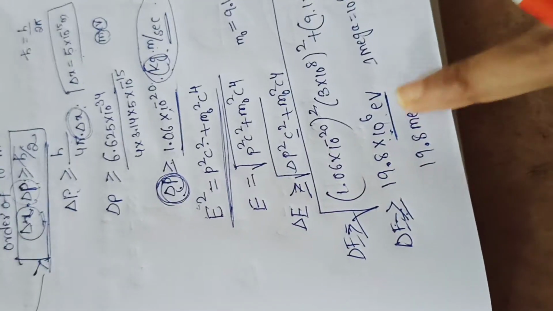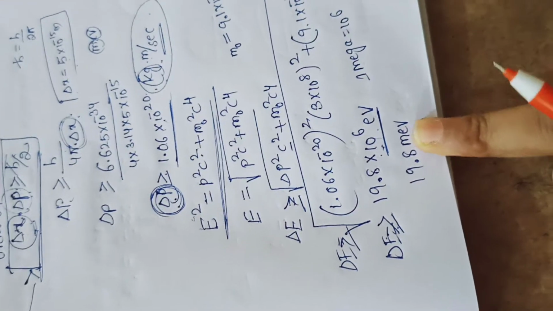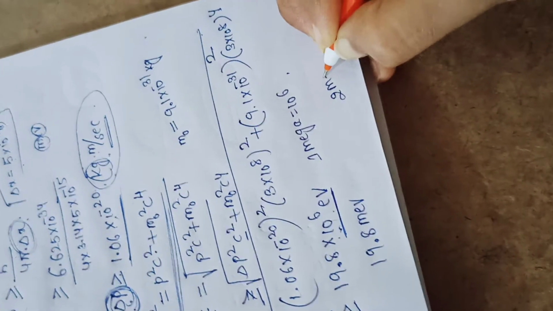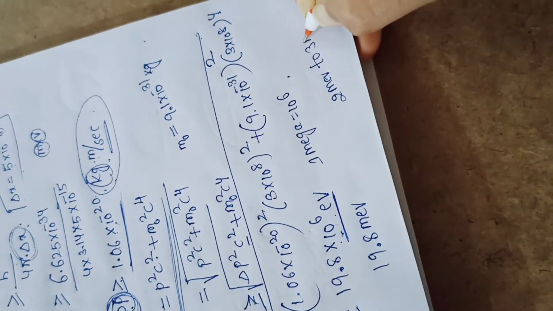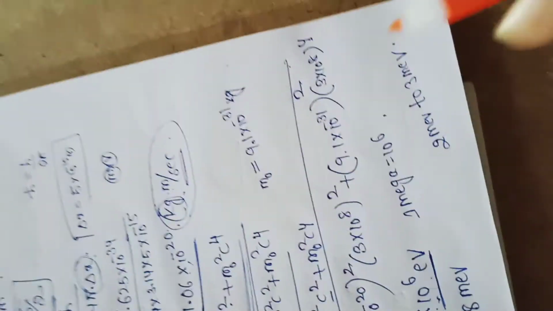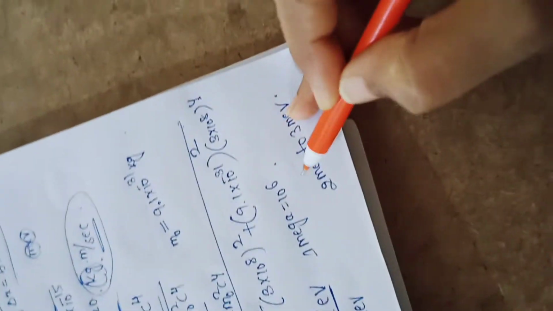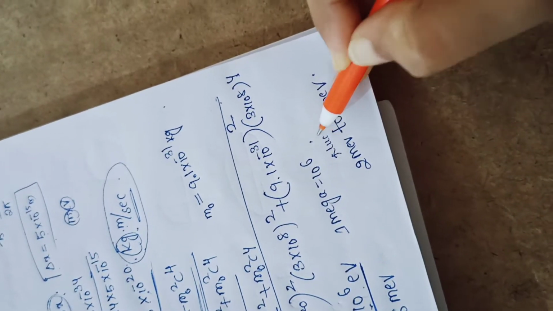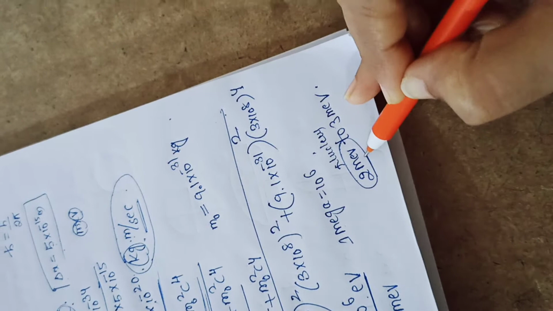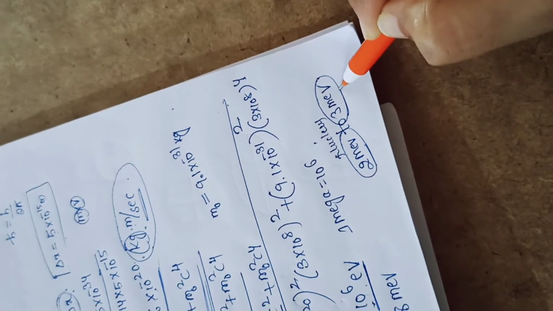In general the energy of the electron is 2 mega electron volts to 3 mega electron volts only. But here it is the nucleus, not the electron. The energy of the nucleus is approximately 2 to 3 mega electron volts.